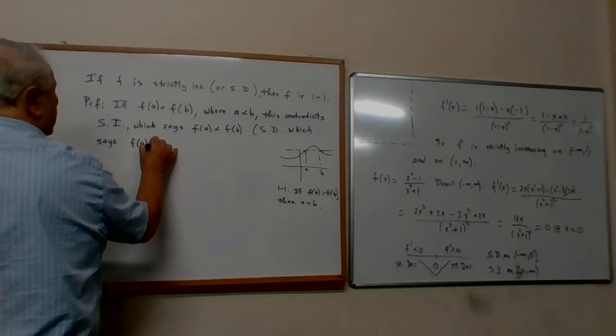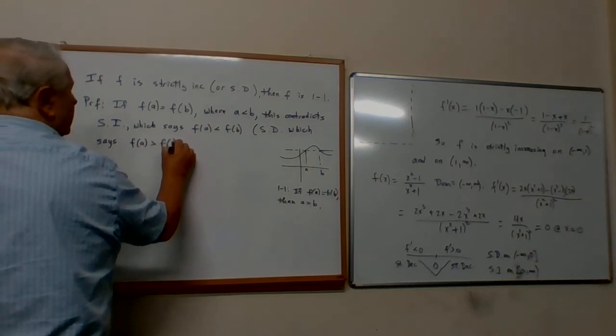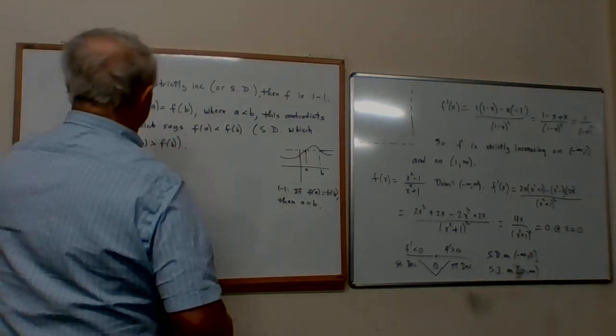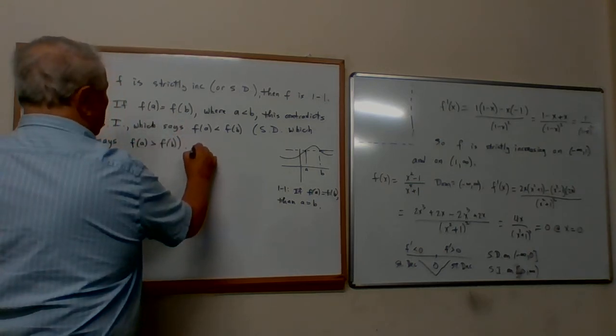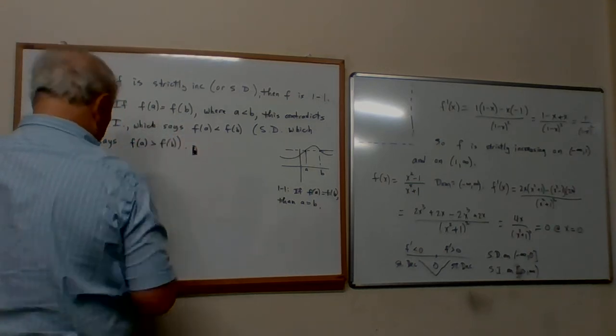F of a is greater than f of b. Both of those are a contradiction to f of a equaling f of b. That's the end of the proof. That was easy, right?